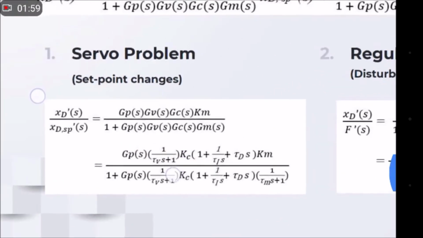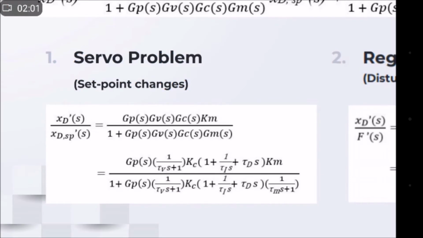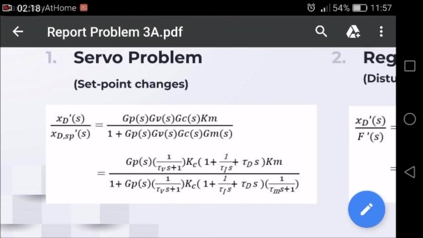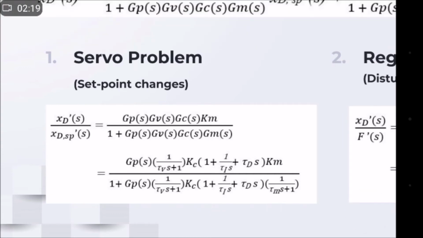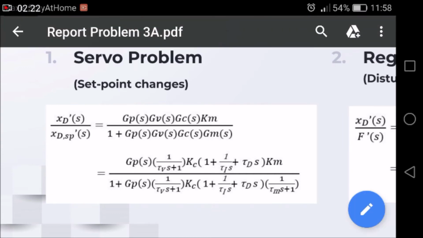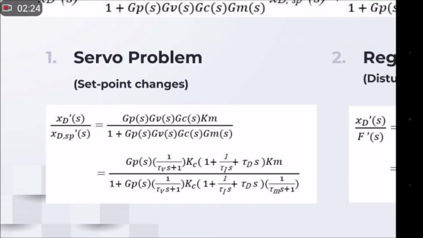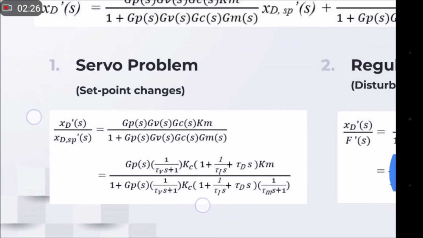For the servo problem, which is our set point change, we set the disturbance change equal to 0. By rearranging the transfer function, it gives us this, and we substitute the transfer functions of the control valve, controller, and transmitter. It gives us the final transfer function of the servo problem at the top column.